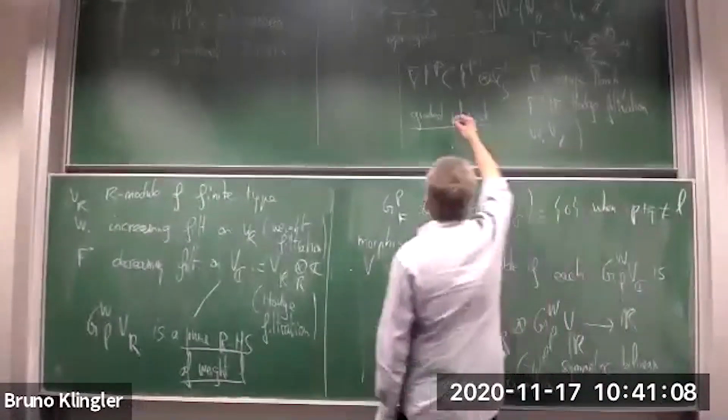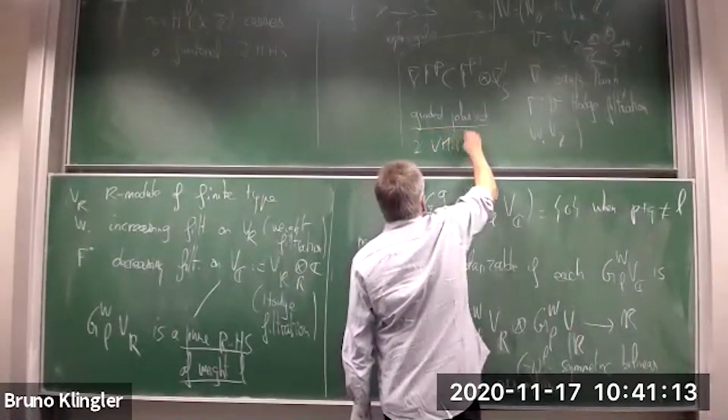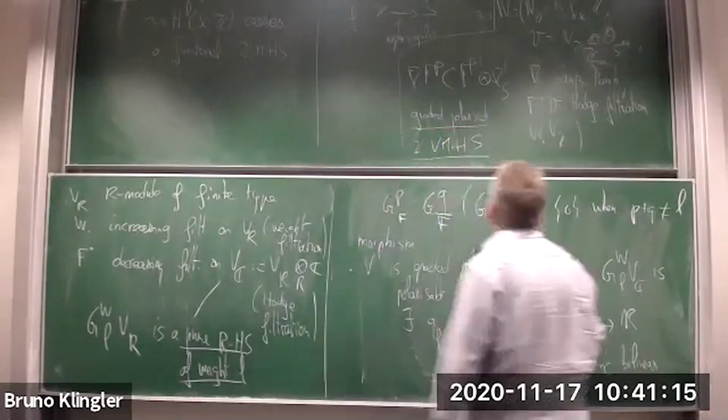So this is the notion of a graded polarized Z variation of mixed Hodge structure.